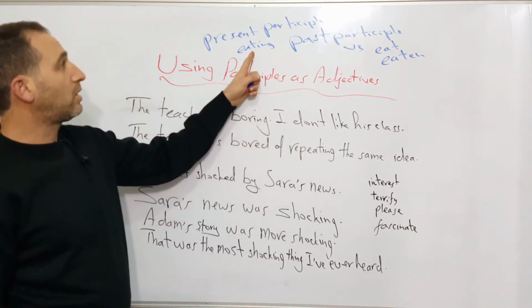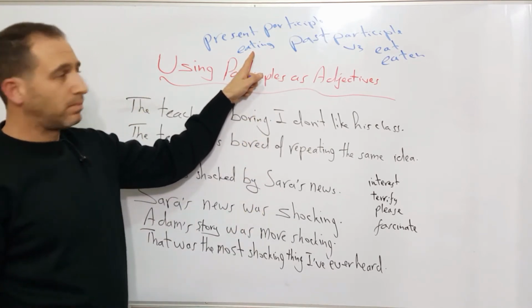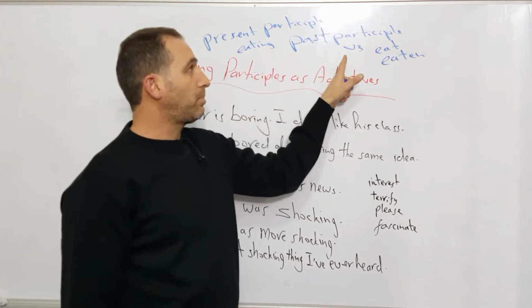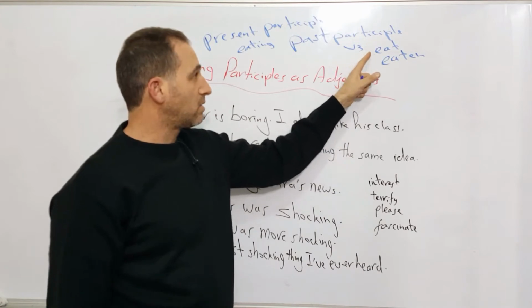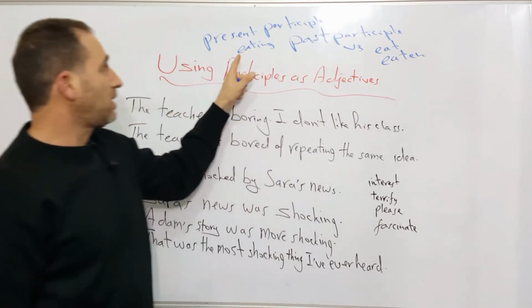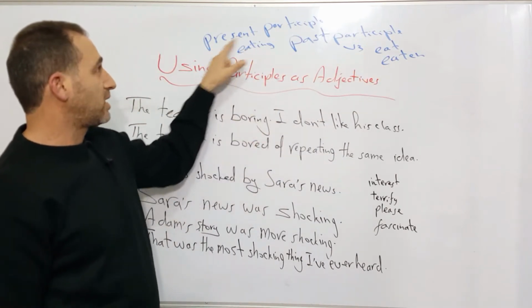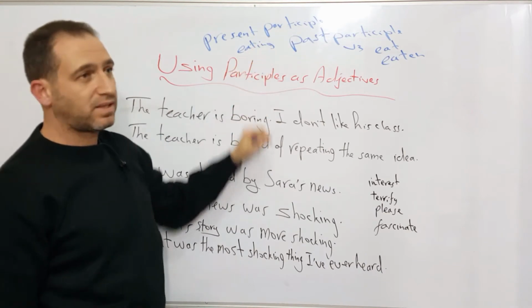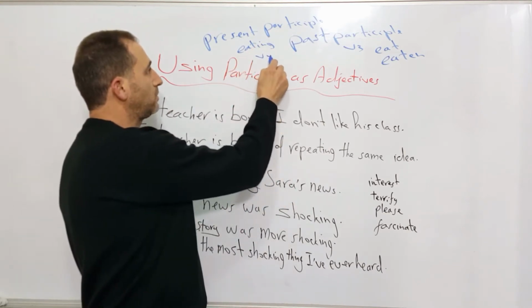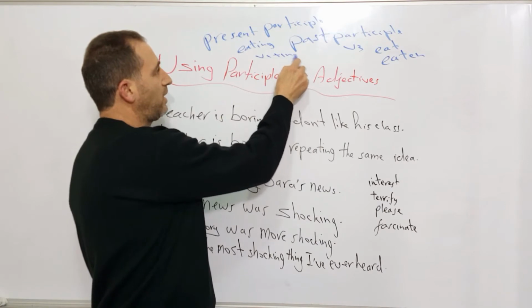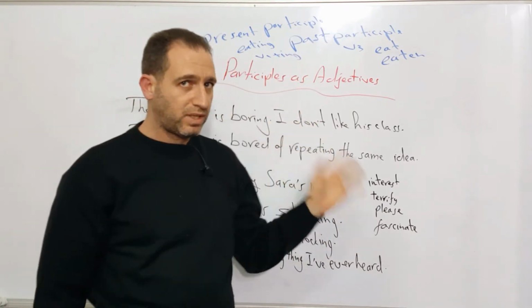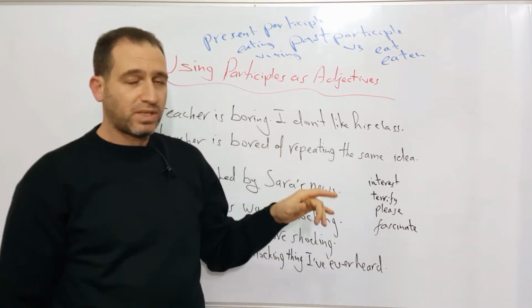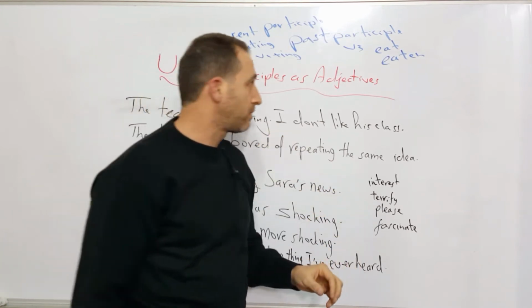So this is what we call the present participle form, and this is what we call the past participle form of the verb eat. Eat, eaten, eat, eating. So present participle means the verb plus an ing. Verb 1 plus an ing. So we have two kinds of participles, present participle and past participle.